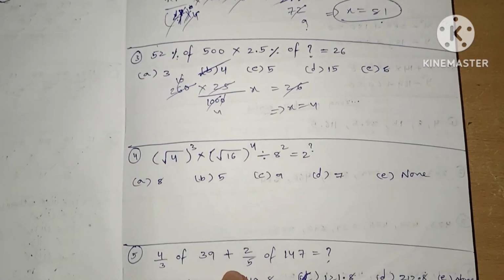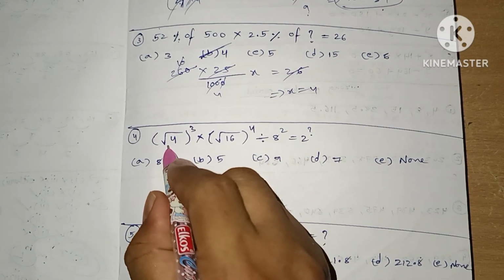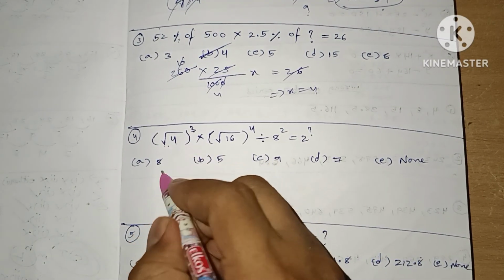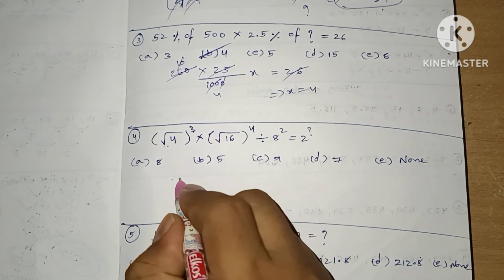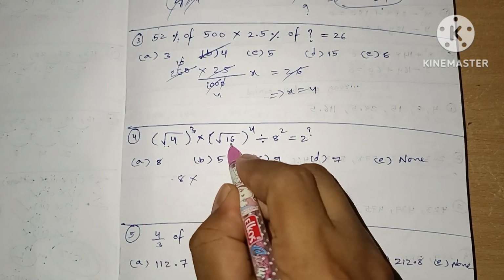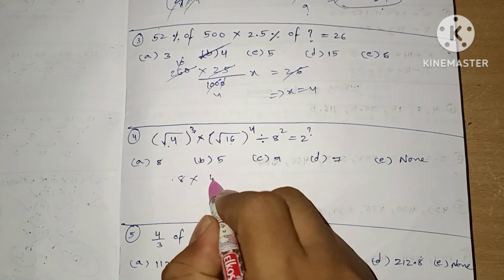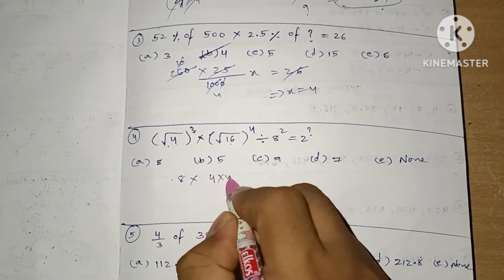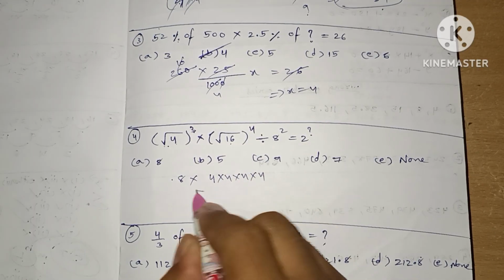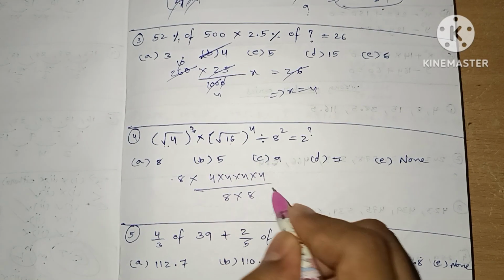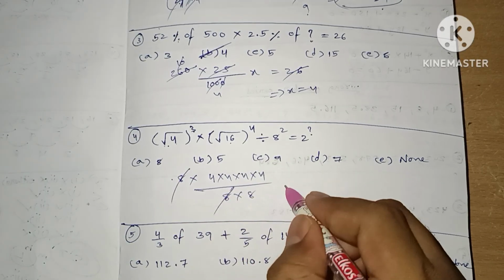Next, fourth question. 4 power 3 root over 4 means 2 cube, which is 8, into 4 power 4. So 4 power 4 we write like this, and divided by 8 square, which means 8 into 8. This 8 and this 8 cancel.